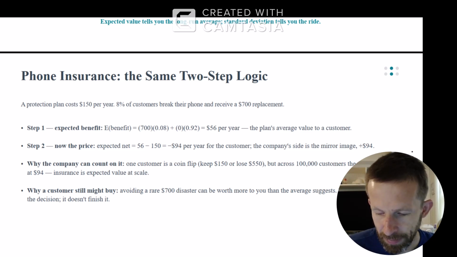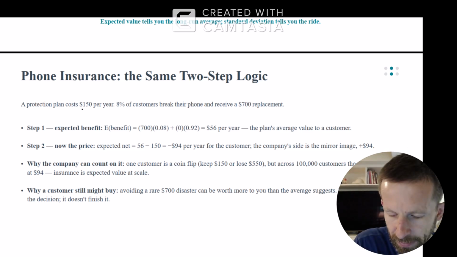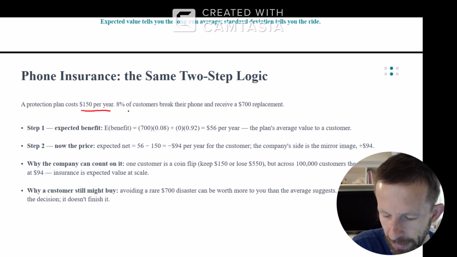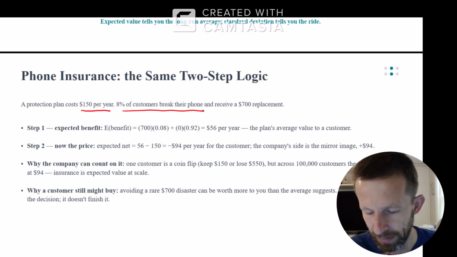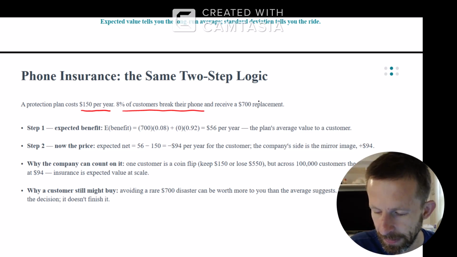Phone insurance, the same two-step logic. So let's say a protection plan costs $150 per year. 8% of customers break their phone. That's the expected probability of someone having to collect the insurance. And when they do, they get a $700 replacement.